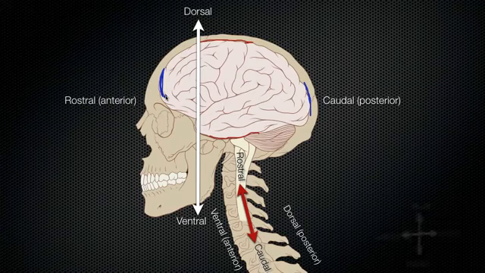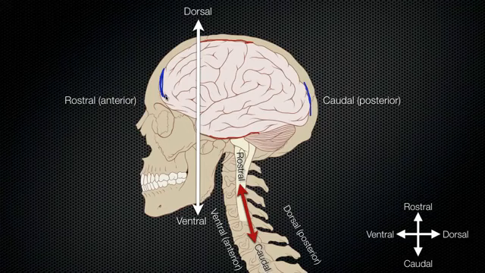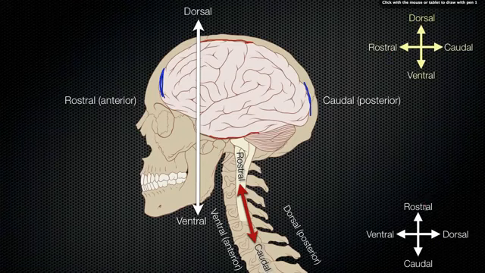Another way of looking at this is by looking at these little diagrams over here where we have rostral, caudal, ventral, and dorsal. But when we get above the brain, it's a little different. It shifts. Rostral is no longer going towards the top, but now that's going towards the front.